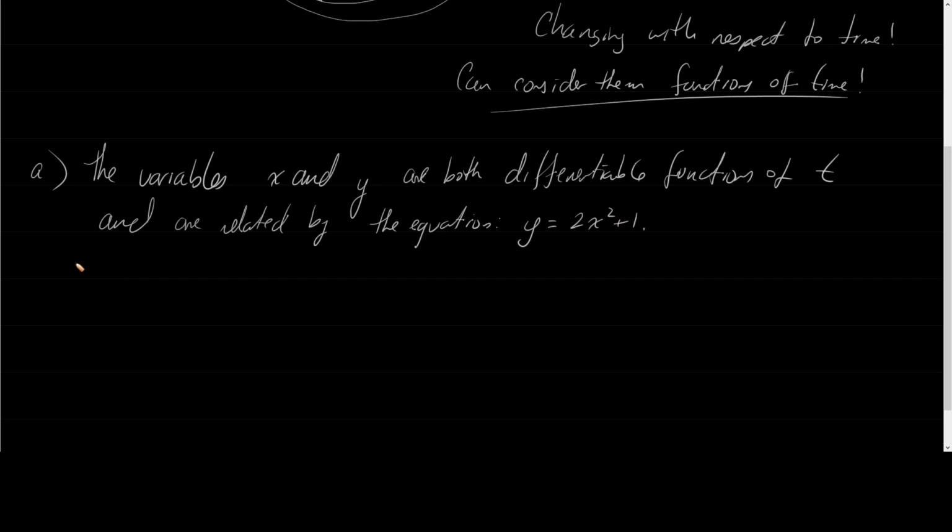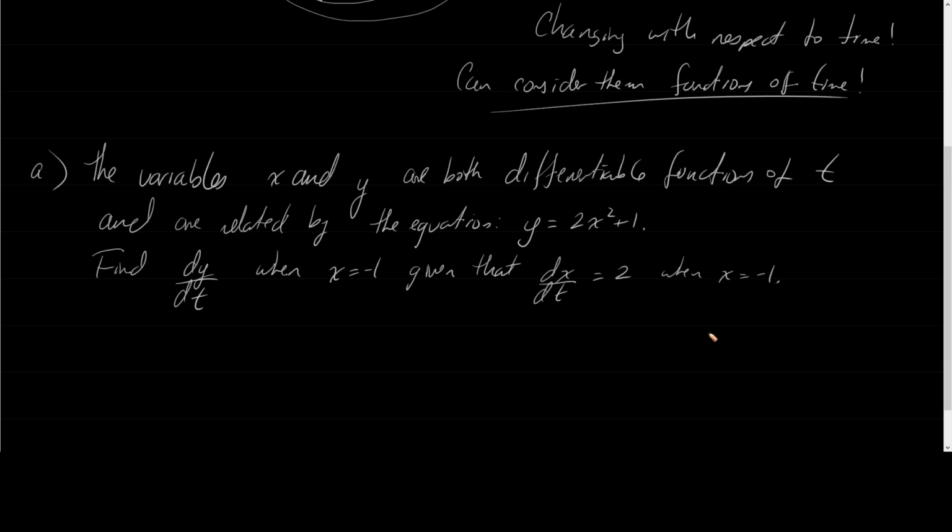The question here is: find dy/dt when x equals -1, given that dx/dt equals 2 when x equals -1.